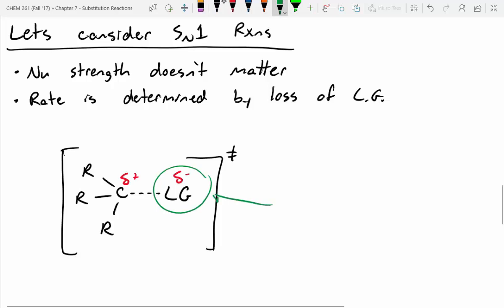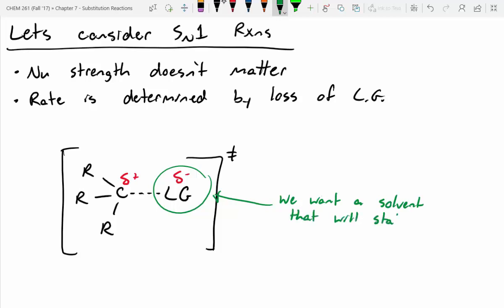But in this case, we want a solvent that will stabilize this leaving group falling off. Okay, so which solvent stabilizes negative charges or partial negative charges better?